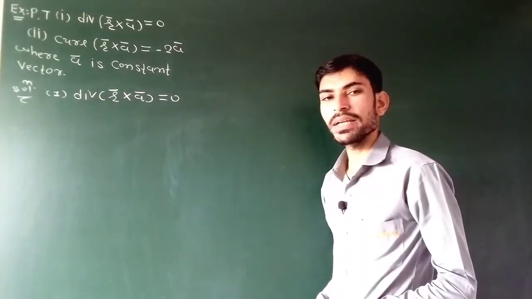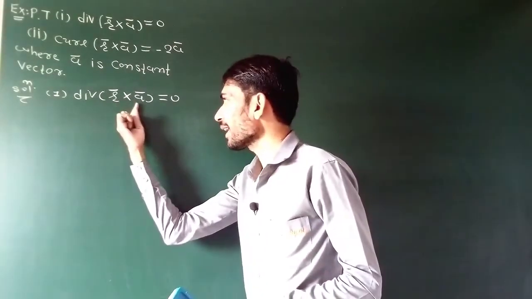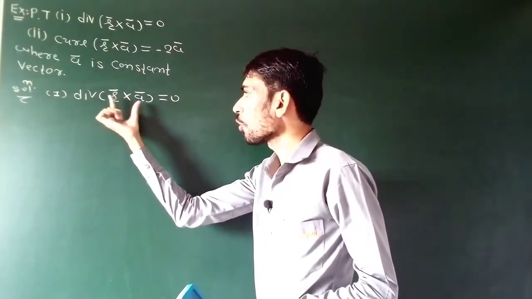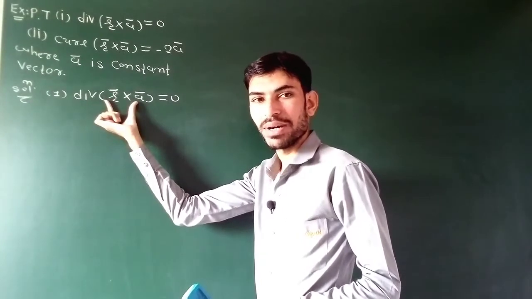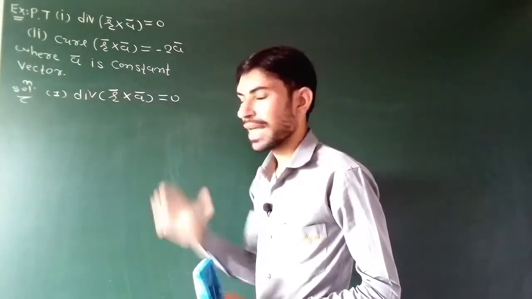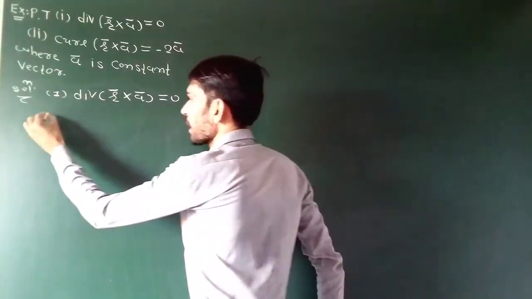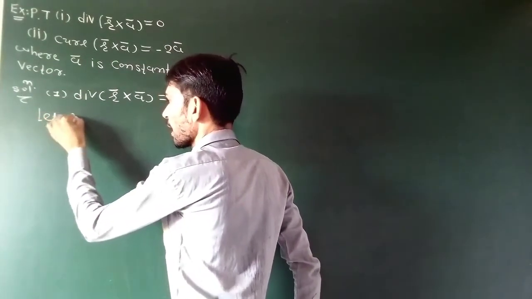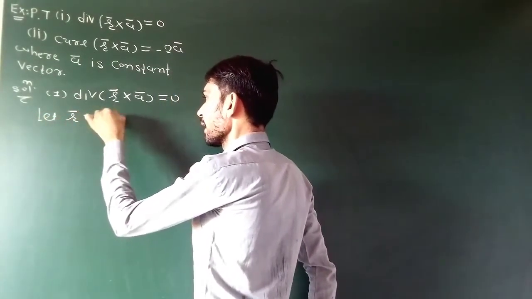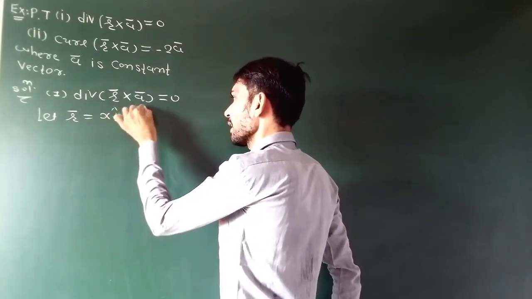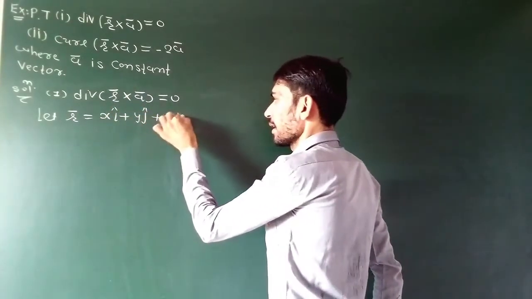First we define our vectors R bar and A bar. We find the cross product R bar cross A bar, and after that we find its divergence. As we know, vector R bar is defined as x i cap plus y j cap plus z k cap.